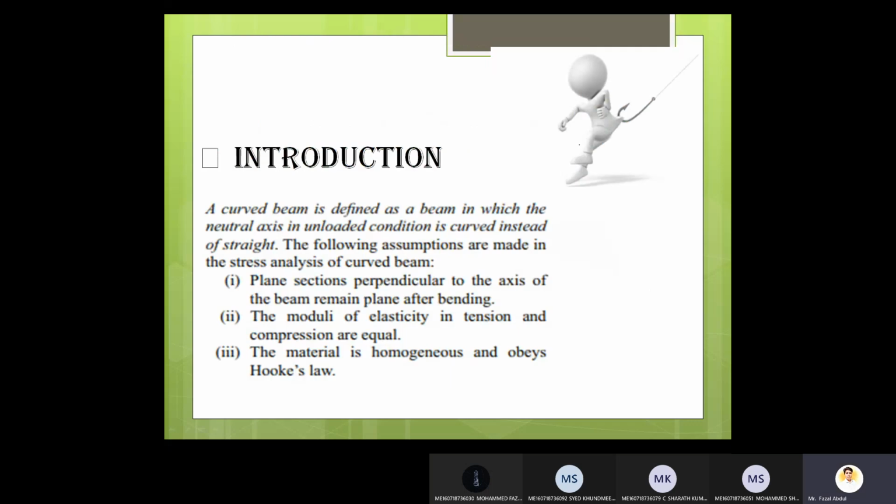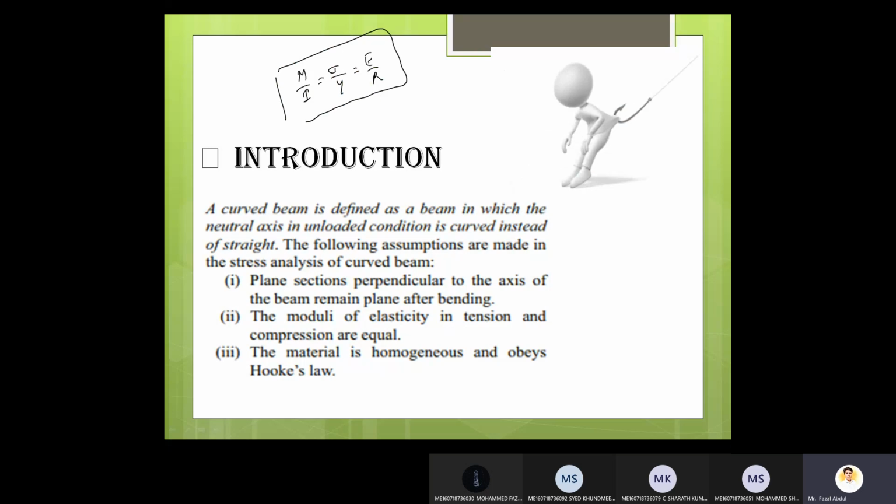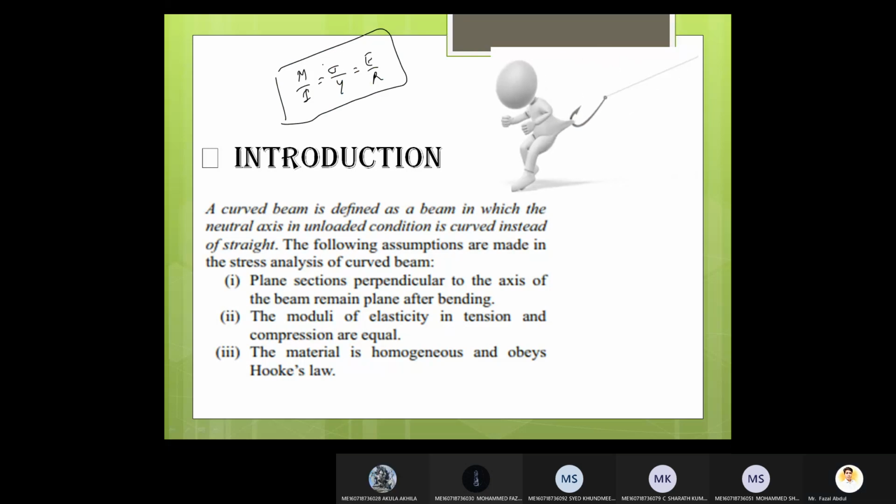This equation you also studied: M by I equals stress by y equals E by R. This was the topic you discussed in bending stresses in a beam. The same equation we are using now. We are utilizing this equation to solve problems related to curved beams.